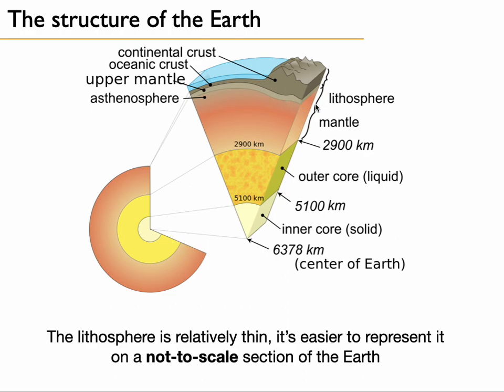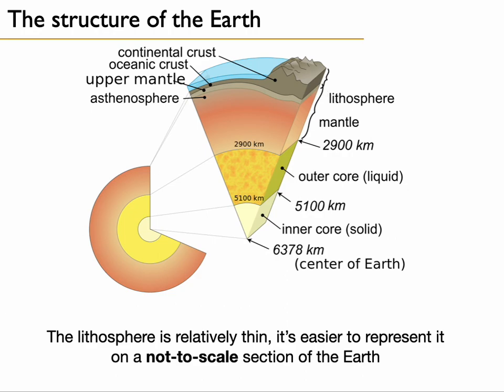So we will talk about a lithospheric mantle or an upper mantle. You can already observe two different types of lithosphere. On one side, a lithosphere which contains a continental crust, and on the other side, a lithosphere that contains an oceanic crust. So we will have an oceanic lithosphere and a continental lithosphere.